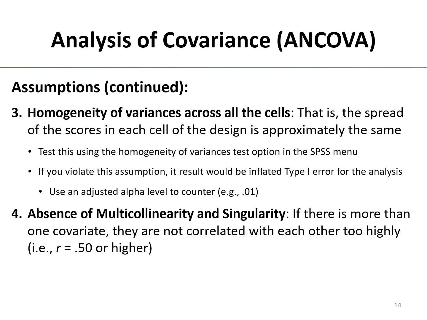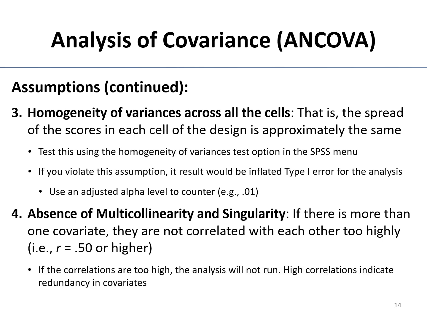So the rule of thumb for that is the correlation coefficient, the Pearson correlation between any two covariates, is not 0.5 or higher. That would suggest that there's a lot of overlap between the covariates, and maybe you don't need them all. So the assumption here is that you don't have too strongly correlated covariates in your model.